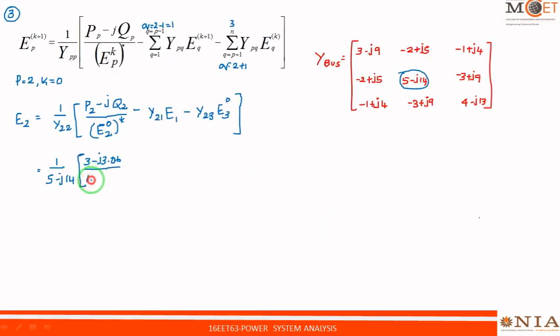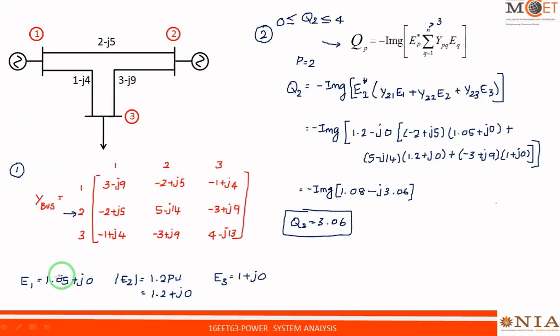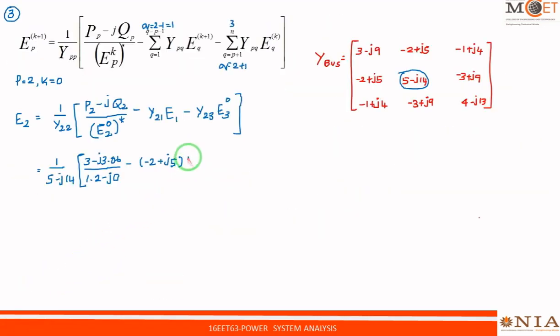So this becomes 1.2 minus J0, minus Y21. The Y21 element is this one. So this becomes minus 2 plus J5 into E1. E1 of the 0th iteration, the previous one. So E1 is 1.05 plus J0, minus Y23.